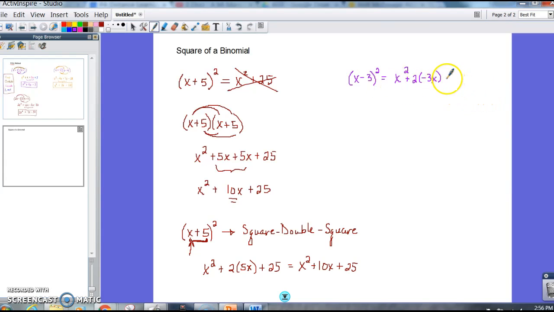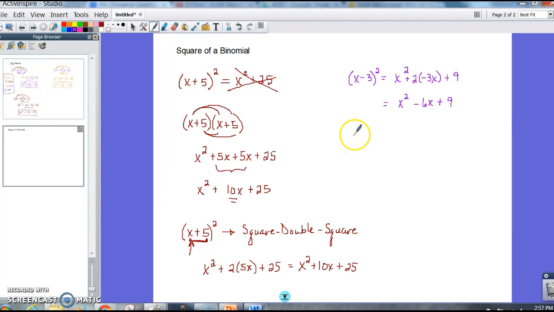And then square the last term. Negative 3 times negative 3 is positive 9. So we end up with x squared, 2 times negative 3x gives me negative 6x, plus 9. And that is the square of that binomial.